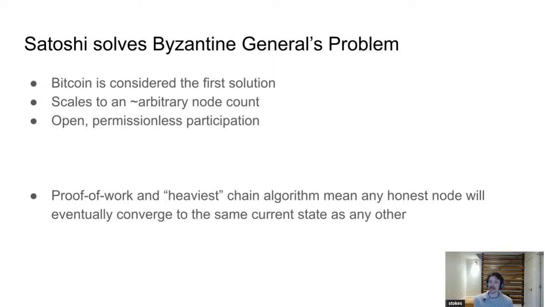So, there was an innovation with Bitcoin. And this is what everyone got very excited about originally with crypto: in some sense, Satoshi, the creator of Bitcoin, proposes a system that solves this Byzantine generals problem. The cool thing here is that it scales to an arbitrary node count. So you can get past this bottleneck of having some set number of nodes agree.